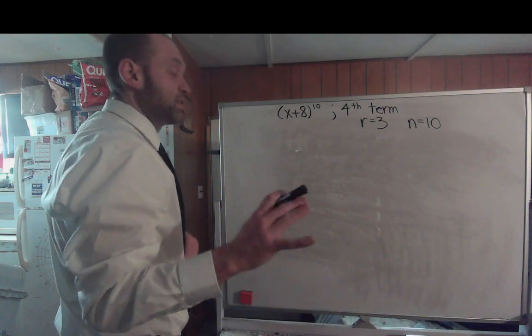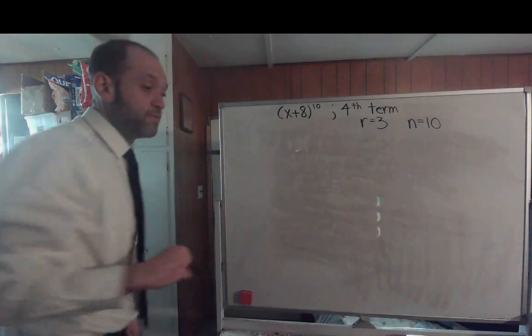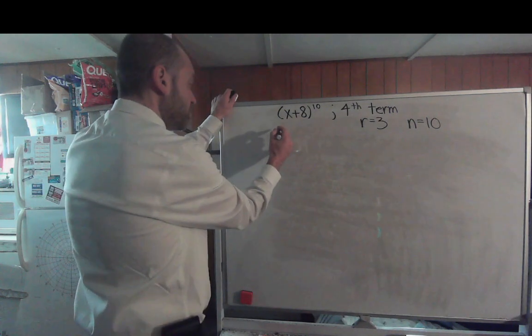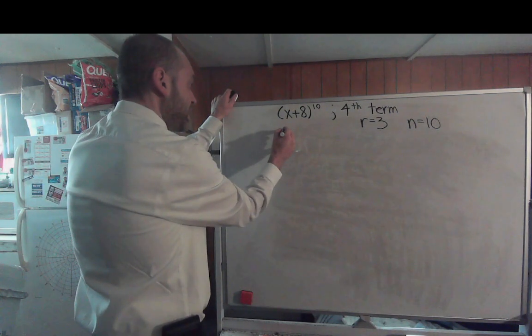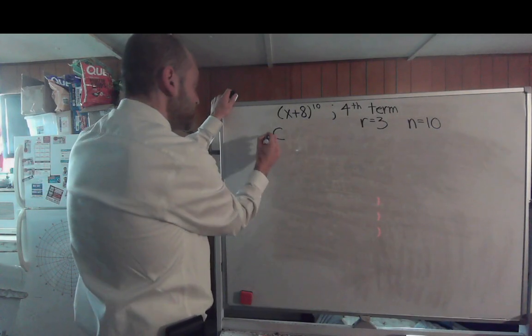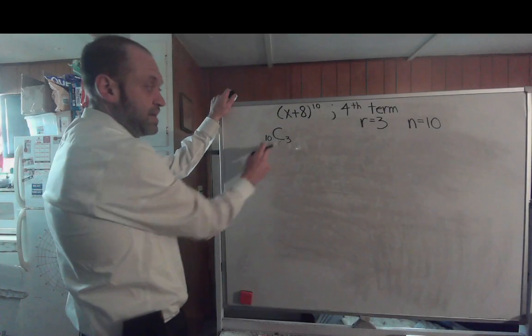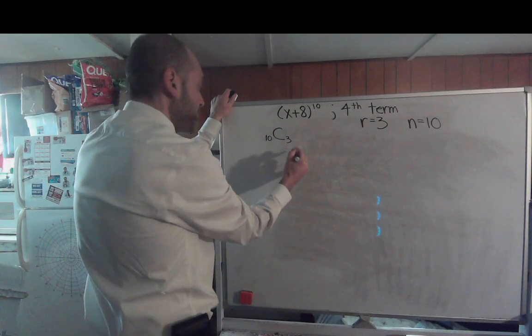Let's focus on just finding the initial coefficient. If I want to do that, I have to take the combination of those 10 things 3 at a time, because it's n things r at a time.